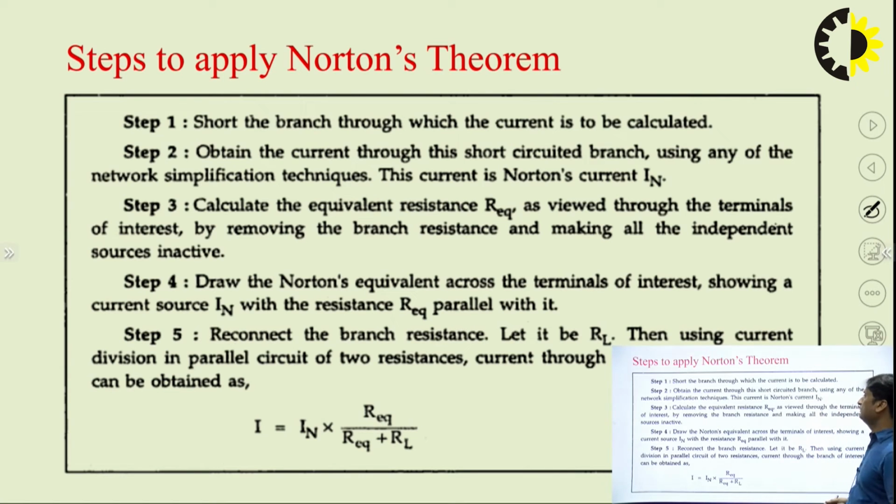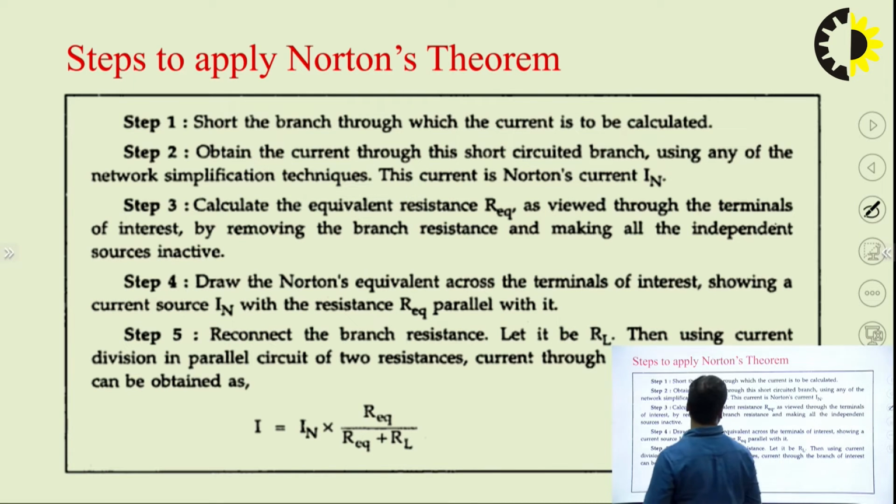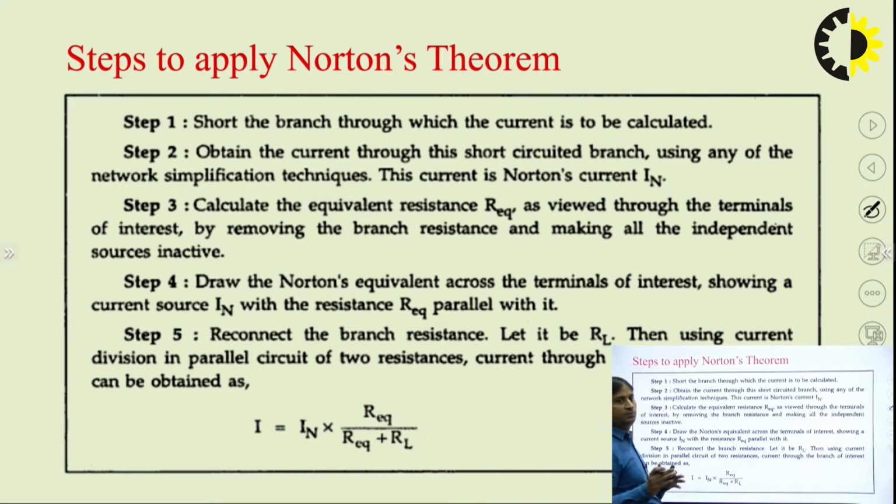These are certain steps which are very important to understand how to solve any numerical problem based on Norton. The first step is to short the branch through which the current is to be calculated. So first we remove the resistance and then we short it.